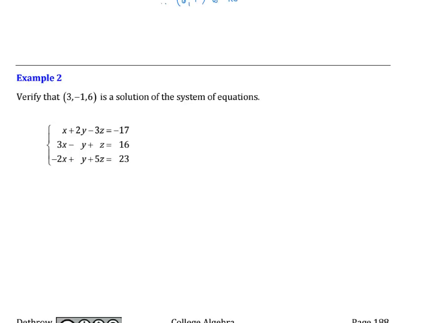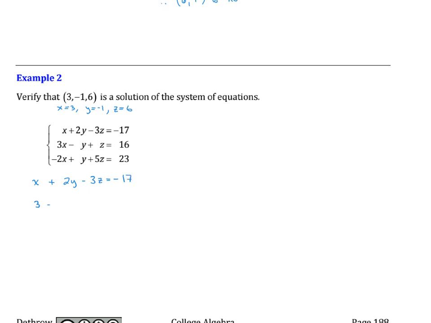So let's look at a system of equations with 3 variables. So this would mean that x would equal 3, y would equal negative 1, and z would equal 6. So let's try our first equation. x plus 2y minus 3z equals negative 17.